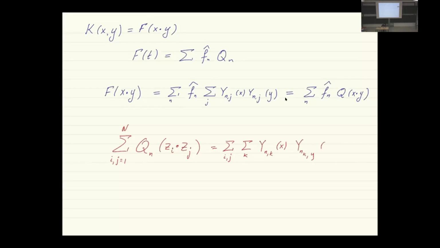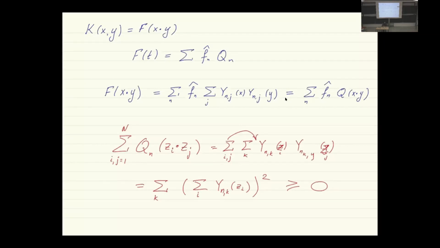You can take this sum inside, and then you get the following expression. The two sums inside will split into a product of identical sums, so you get a square. So this will be the sum over, sorry, this is z_i and z_j, my apologies, of the sum of Y_{k}(z_i) squared. So this is non-negative.